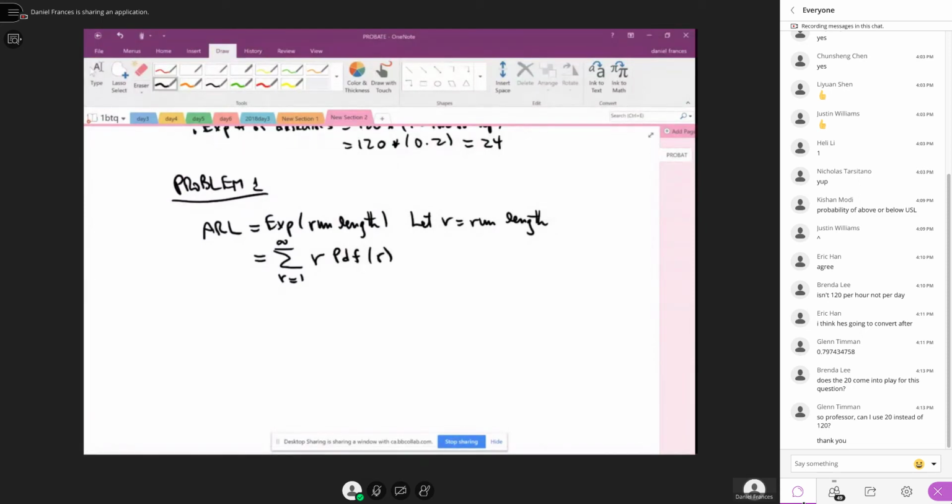So let's go to the PDF of R and see what that is. It says use geometric, but I think we can argue our way to the geometric.